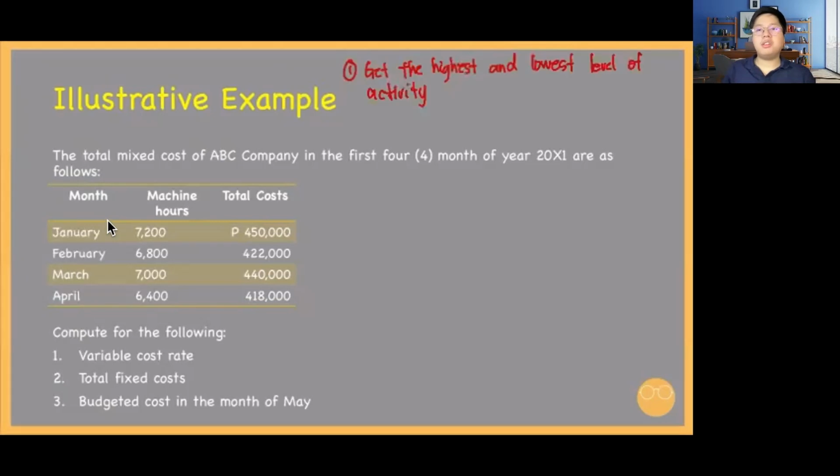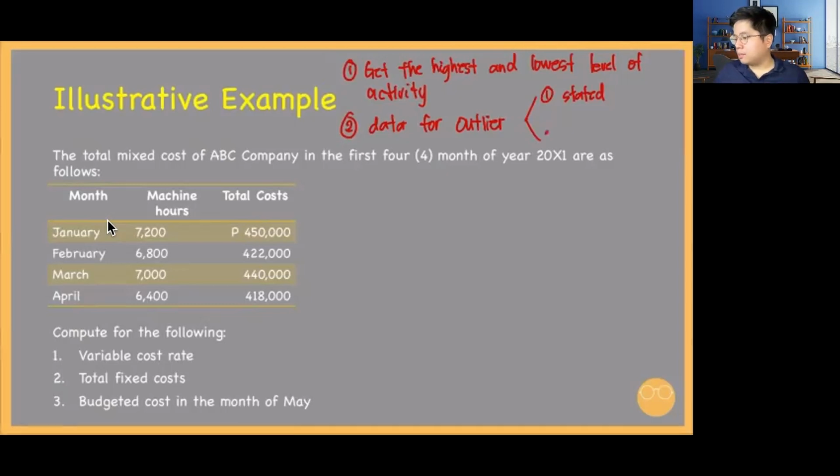The second thing that you have to be careful about is if there is data for outliers, how can you say that a specific data is an outlier? First, it is stated in the problem. For example, the highest level of activity here is 7,200, but the problem will tell you that this is an outlier, then you should exclude all the outliers.